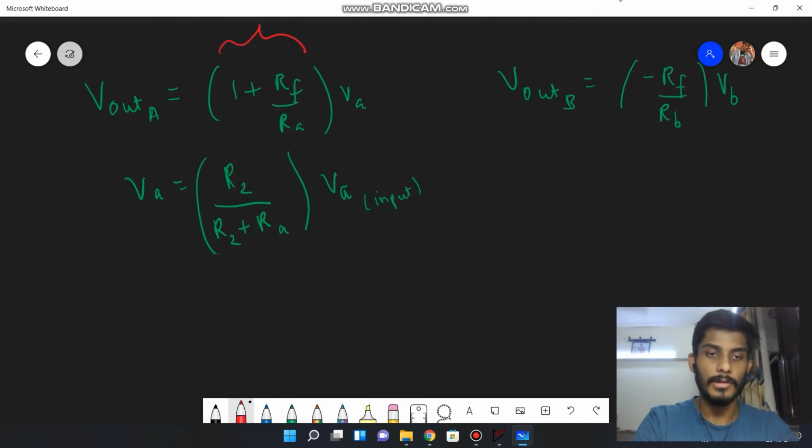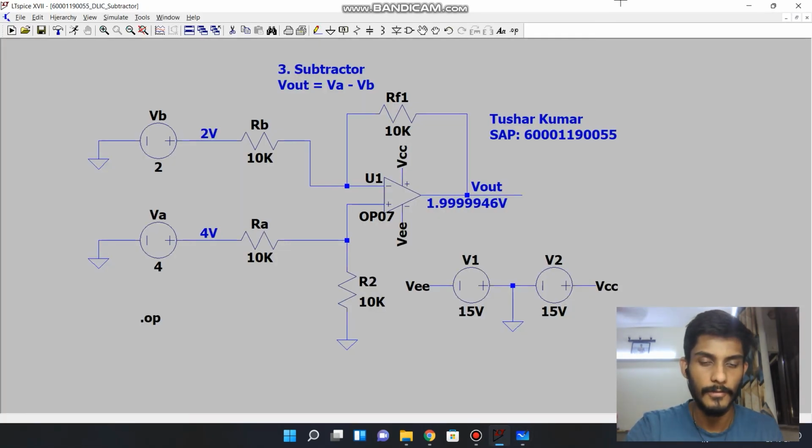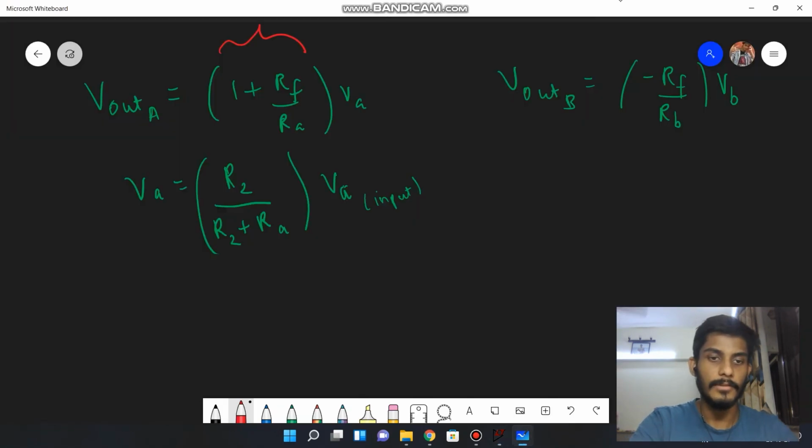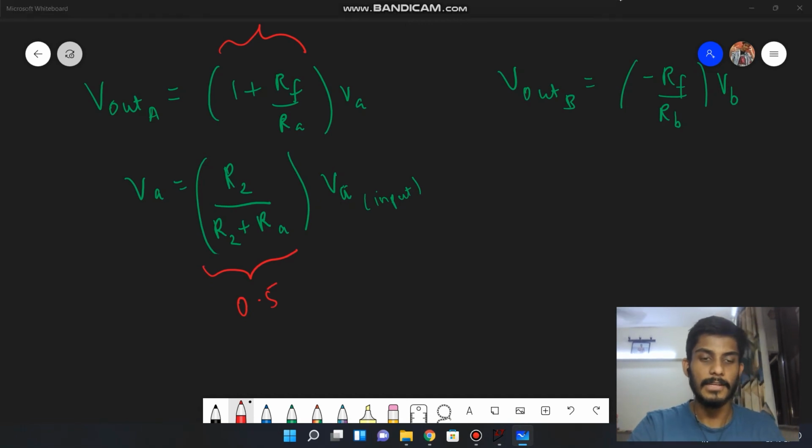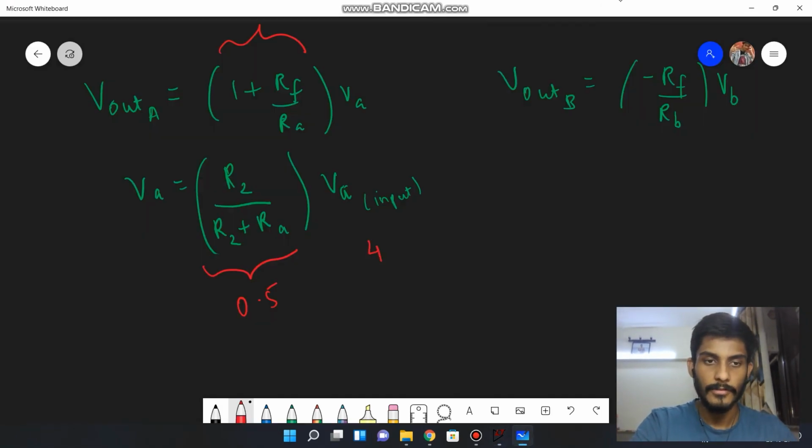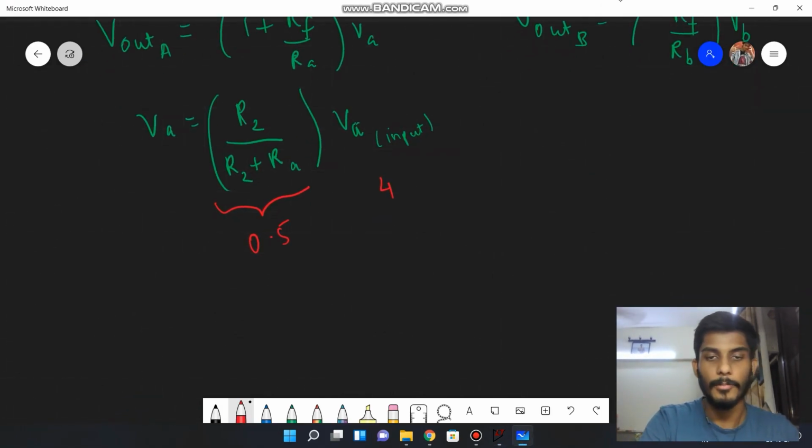And in order to calculate the VA, we have the formula as R2 upon R2 plus RA into VA input. All the values are 10 kilo ohms. Therefore, we get this as 0.5, and VA we are taking as 4. Multiplying, we get 4 into 0.5 as 2 volts.